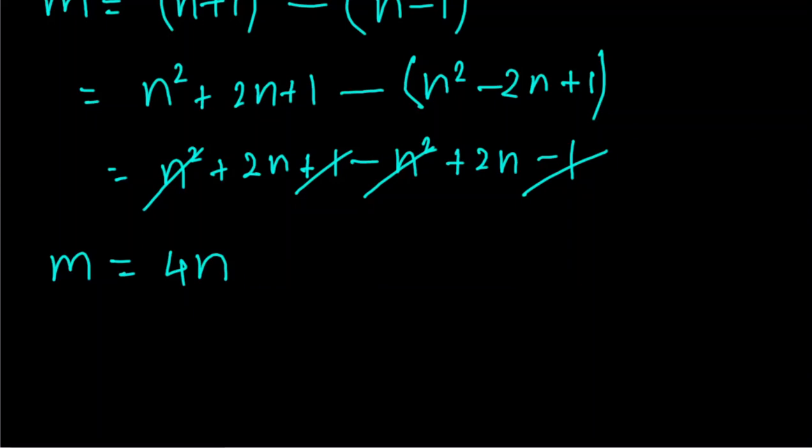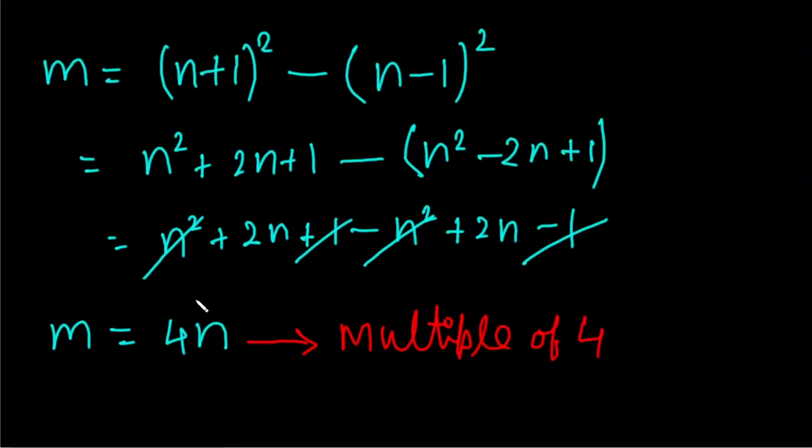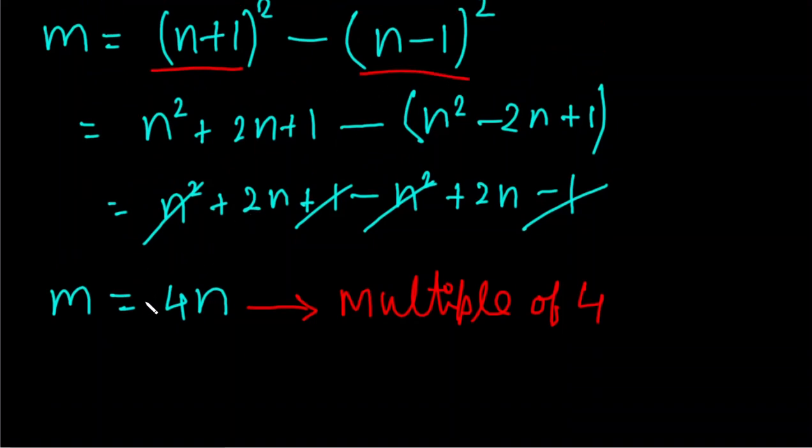And again, this is just another way of saying that m is a multiple of 4. So we have defined m as the difference of squares of two integers, and we've found that m is a multiple of 4.